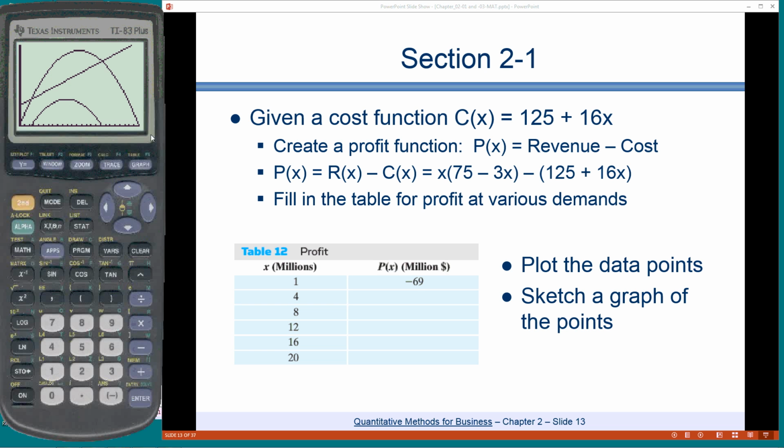So that's how you would go about creating a revenue equation, creating a profit equation, and graphing them on your calculator. And again, in different situations you're going to have to use different values for x min, x max, y min, and y max in your window in order to get your graphs to show up. And if you do like I did earlier, where the first time I hit graph I saw nothing, generally that means your window isn't set up appropriately for what you're trying to graph.